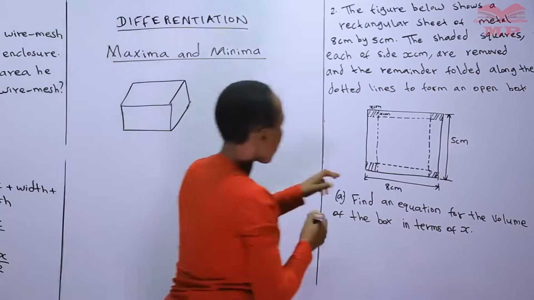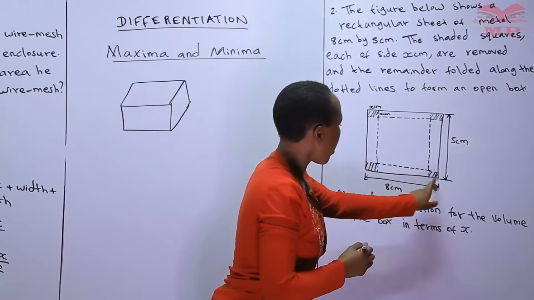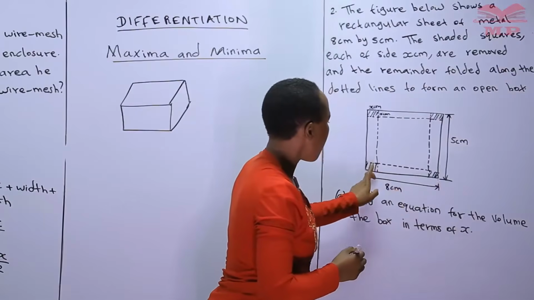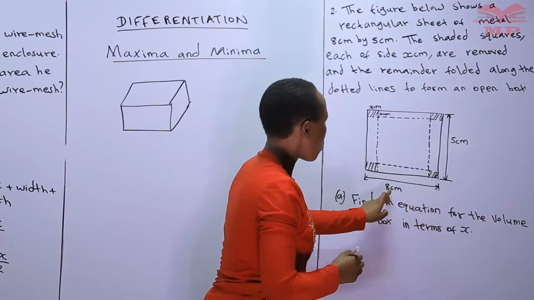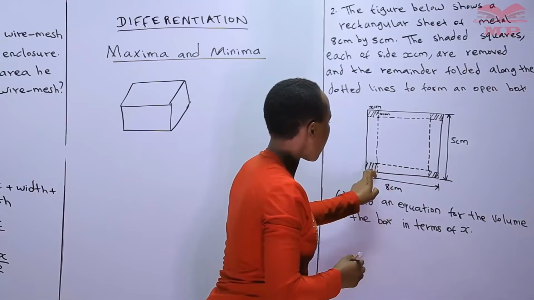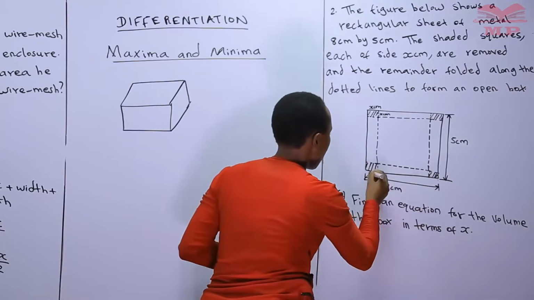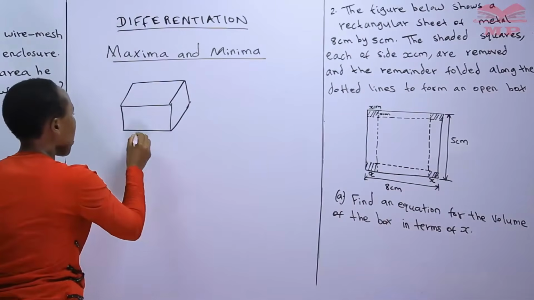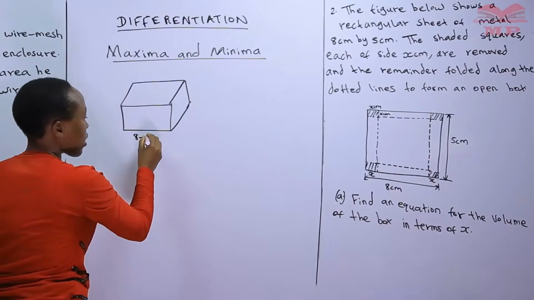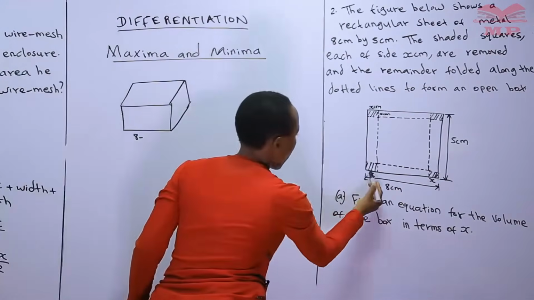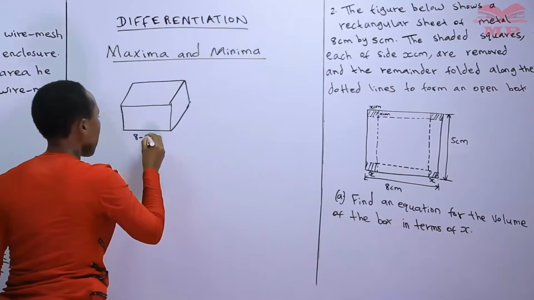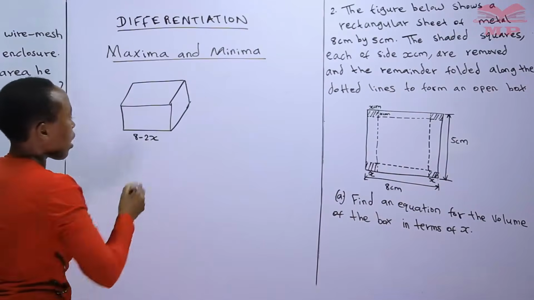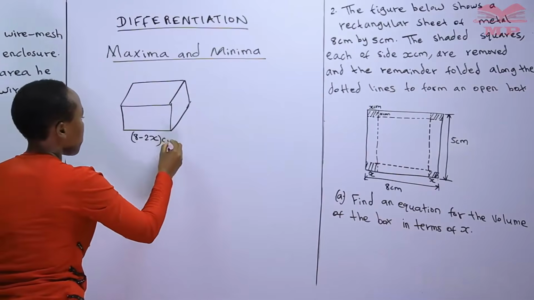In this, we have from here up to here 8 centimeters, but these two have been removed. So we have 8 minus x, because there is an x here and another one. On this side we'll have 8 minus x minus x, that is 8 minus 2x, in centimeters.